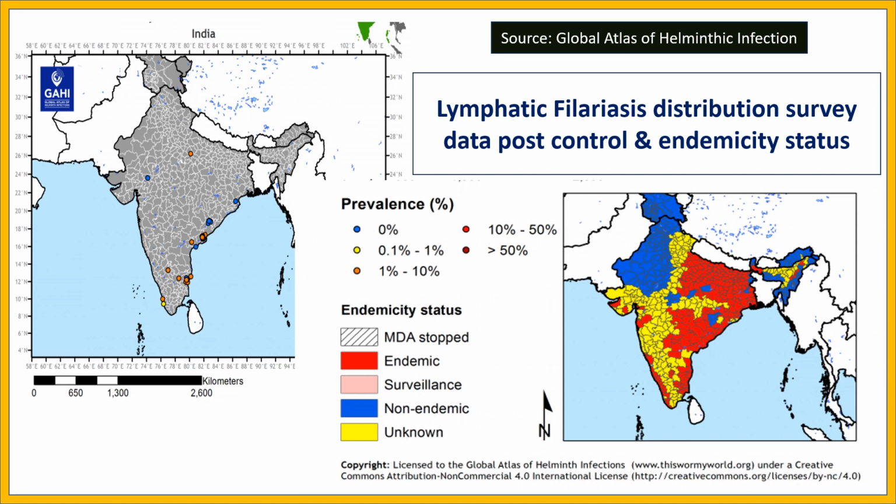So you can see here the percentage of prevalence. In India there is a red color. There are huge places of red color, which says that it is endemic, and yellow color which are unknown. So this is the data of lymphatic filariasis in India.